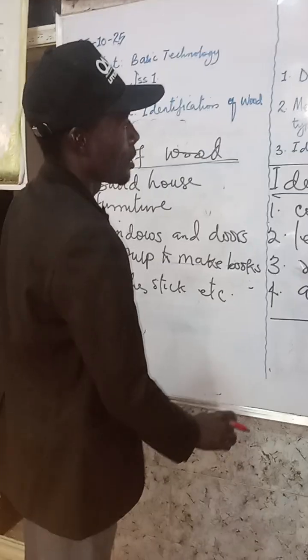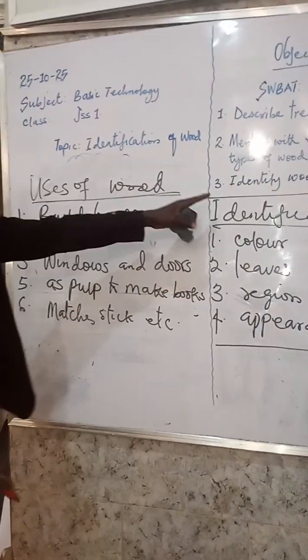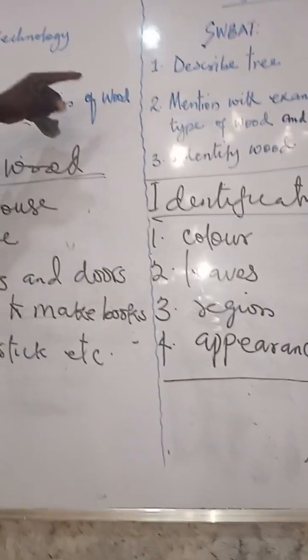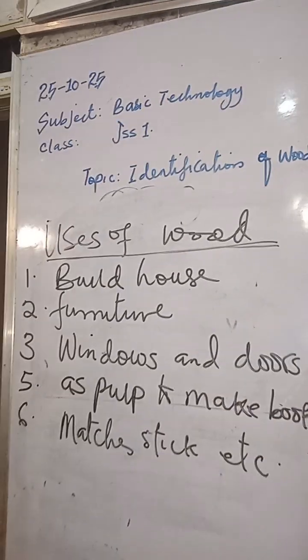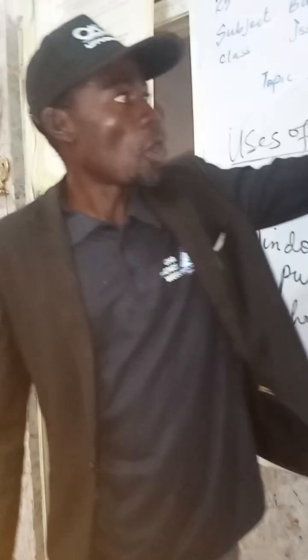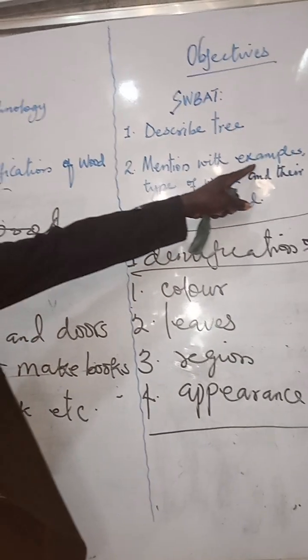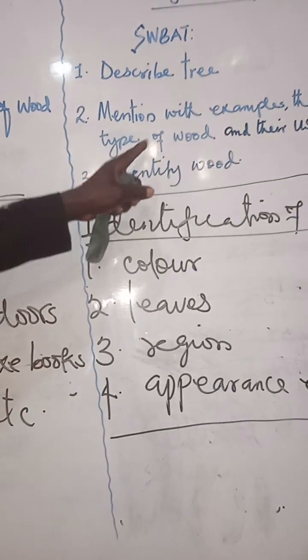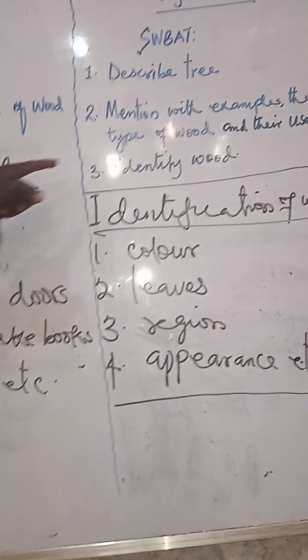You can now look at different types of wood. We have seen the types and how to identify the wood. Again, let's look at our objectives. We said to describe wood through a tree and label its parts, since from the tree we get the wood. Then we looked at the types of wood, softwood and hardwood.